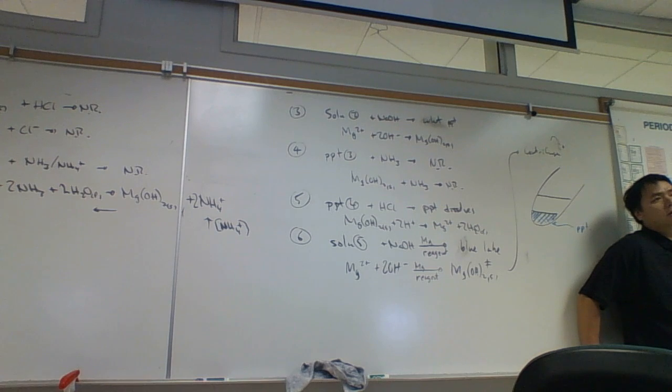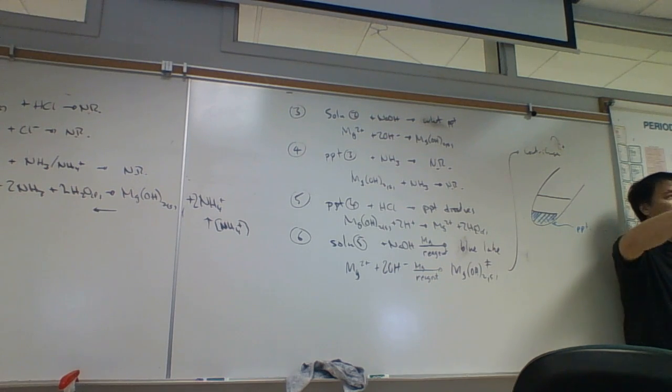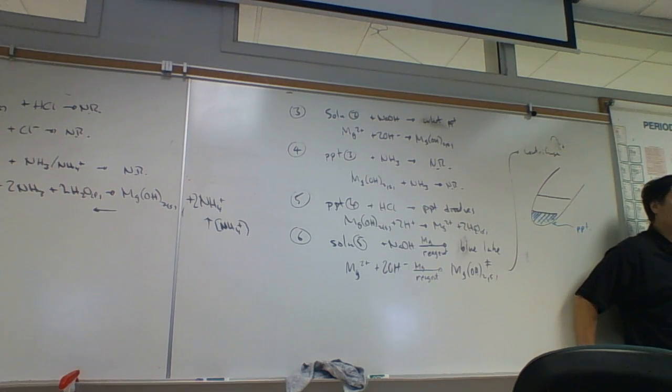Now, if you finish your unknown, you can repeat your unknown. You can repeat certain steps of your known. We have reagents there, so you can do some test reactions if you want. If you're satisfied with how the unknown went, you go on to the anions.